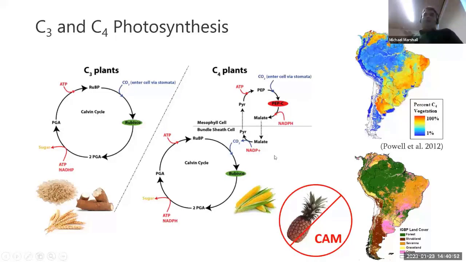So there is one other photosynthesis process. We don't consider it. It's called CAM. So these CAM photosynthesis plants are even better adapted for dry climates, but there aren't many CAM crops. The only one I know of is pineapple.